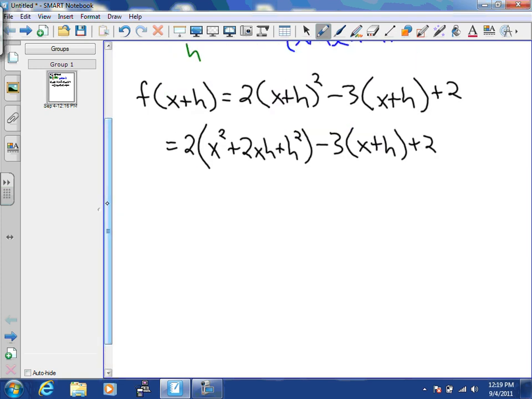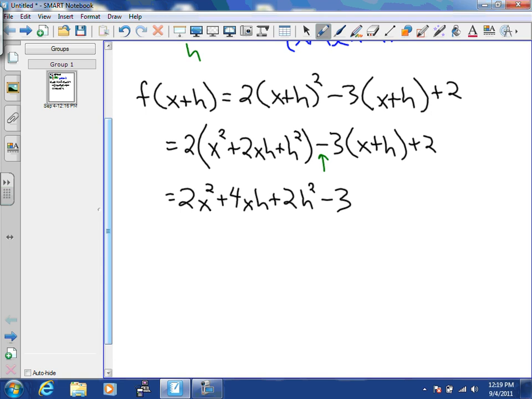So I'm going to distribute. This is going to become 2x squared plus 4xh plus 2h squared. Now in the second parentheses, the minus sign here means we call this negative 3. So I'm going to distribute negative 3 through x plus h.